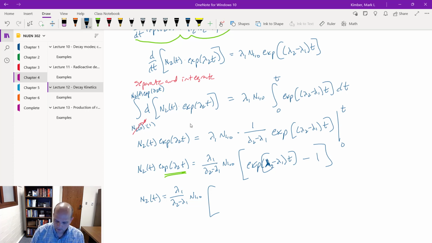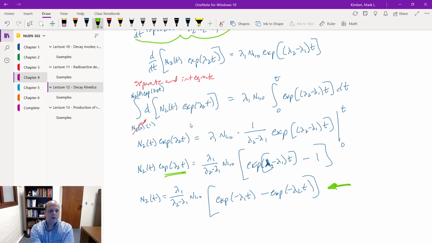And so this one washes away, and I'm left with exponential of negative lambda 1t minus the exponential of negative lambda 2t. So this now is my expression for the inventory of isotope number 2. Now we march down and we go to isotope number 3.